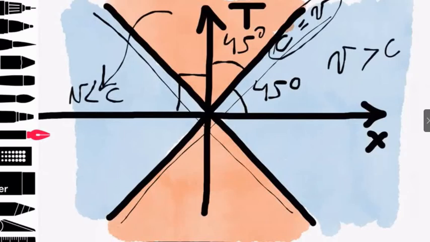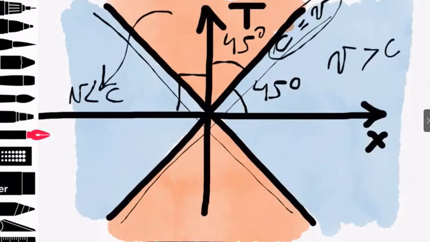What does this mean? That means that only massless particles are moving at the speed of light, like photons, and they are the only particles, whatever a particle is, by the way, because I don't know that.